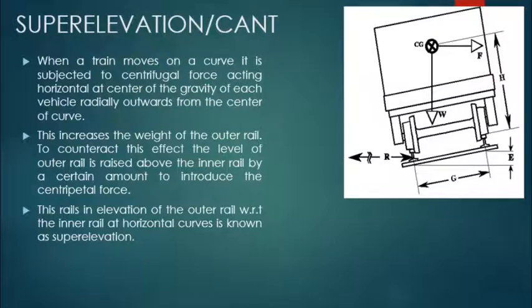This increases the weight on the outer rail. To counteract this effect, the level of the outer rail is raised above the inner rail by a certain amount to introduce the centripetal force. This raise in elevation of the outer rail with respect to the inner rail at horizontal curves is known as super elevation.